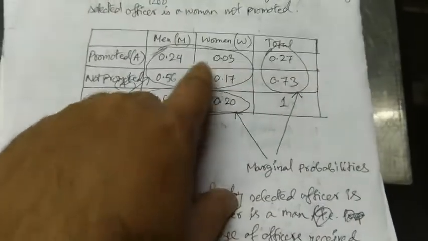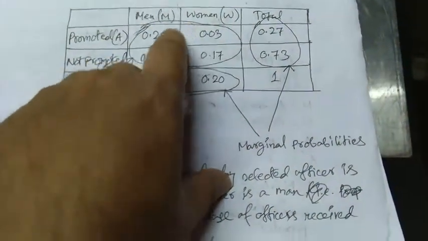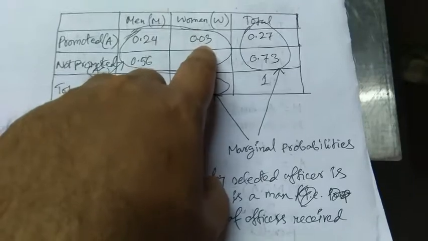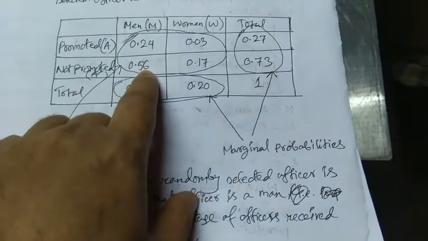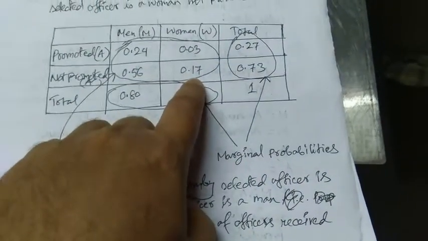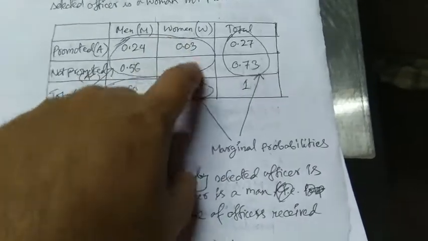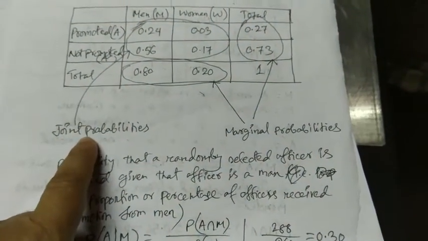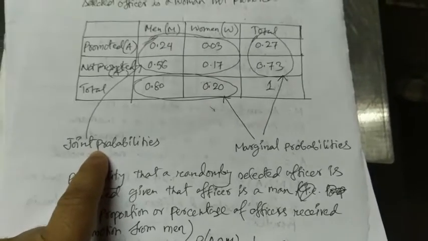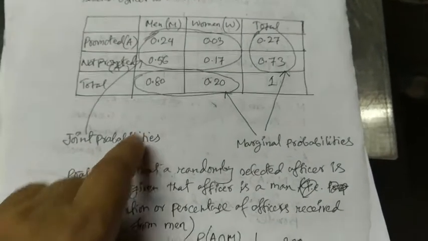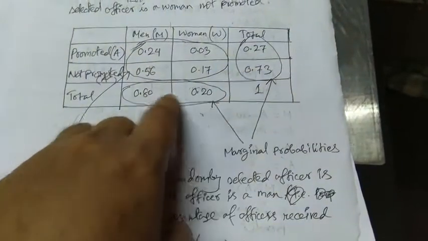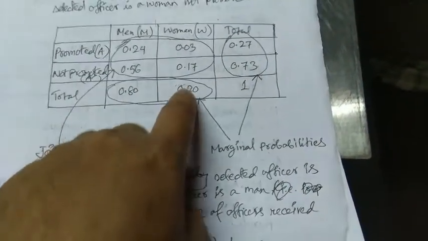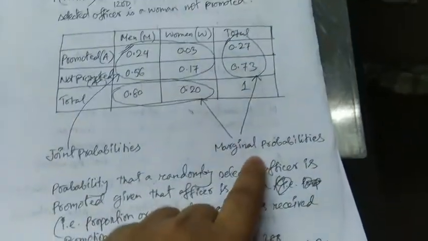So these are the intersections: M intersection A, W intersection A, M intersection A prime, W intersection A prime. These are called joint probabilities, and the totals are called marginal probabilities.